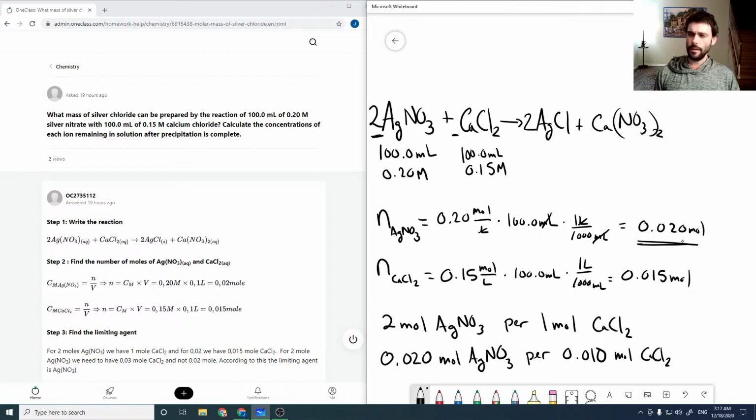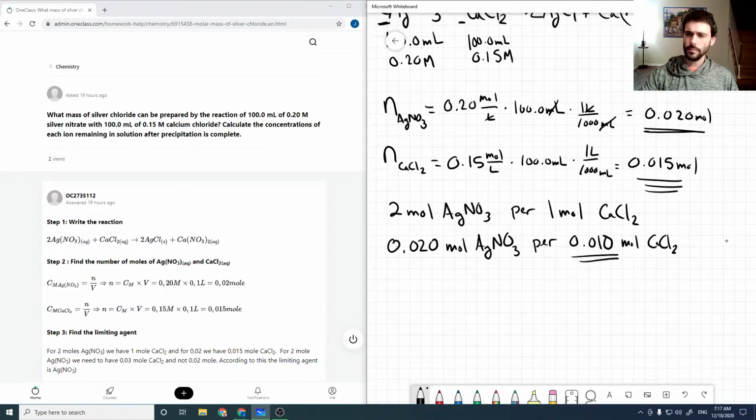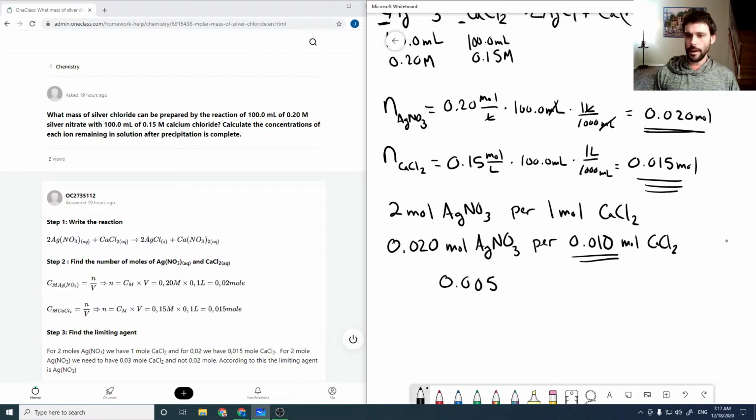So now we've identified that we have an excess, right? We're only going to be able to react with 0.010. And that means we're going to have 0.005 moles of calcium chloride in excess.